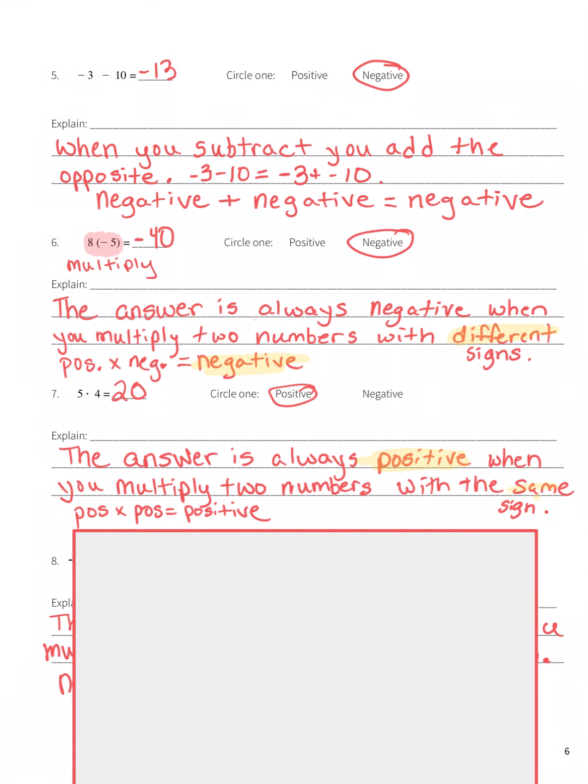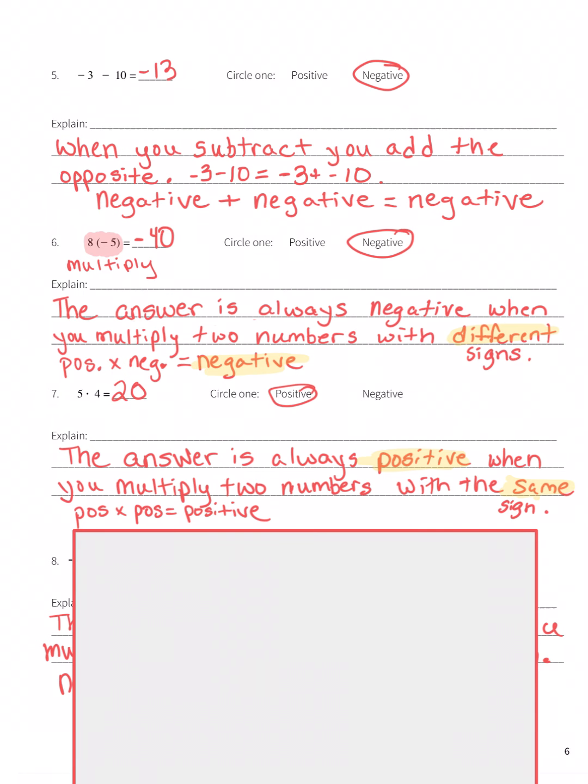So if they're the same, the answer is positive. That means a positive multiplied by a positive is equivalent to a positive. You can see up here I just abbreviated, so it went a little faster. That's fine. If you abbreviate, I know what you're talking about. So again, a positive multiplied by a positive is a positive because they are the same sign.